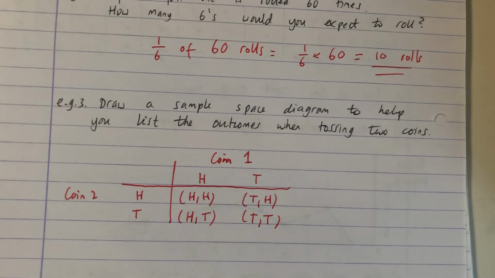And in fact, there are 4 outcomes when tossing 2 coins. 2 heads, 2 tails, and 2 different versions of a head and a tail. That is called a sample space diagram. It is used to list the outcomes of effectively 2 different experiments, or 2 coins, or rolling 2 dice, or whatever it might be. And that's pretty much it.